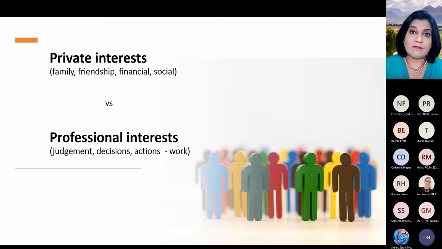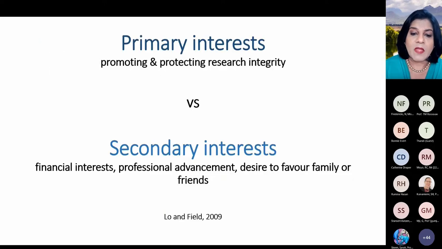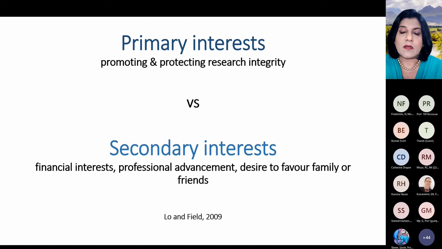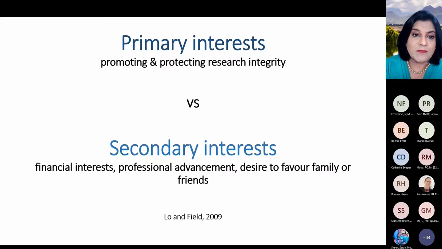And this is when we often experience some level of conflict if these two different types of interests conflict. Now, others have referred to these as primary interests versus secondary interests. And here we look at promoting and protecting research integrity as a primary interest compared to considering other interests that may arise during the course of our work, be they financial, professional advancement, desire to favor family or friends, etc.